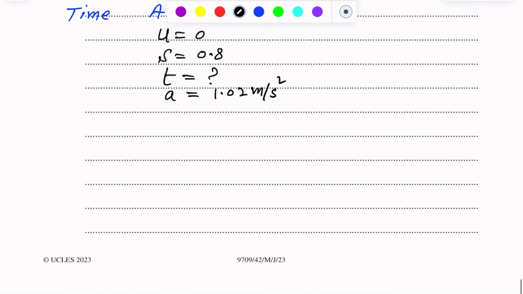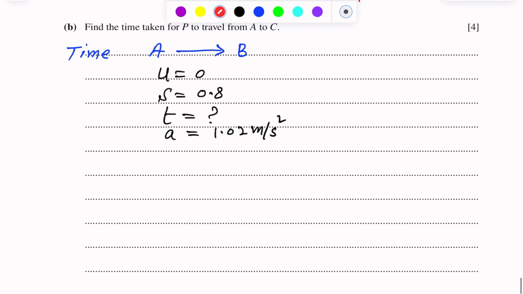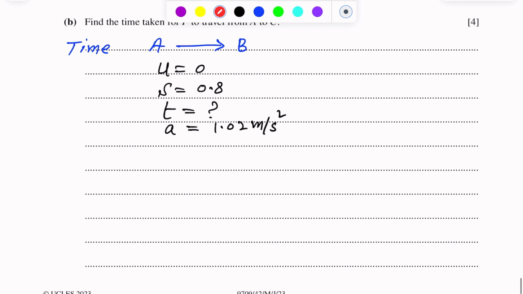Now we will use this equation. s is equal to ut plus 1 over 2 at square. s is 0.8.